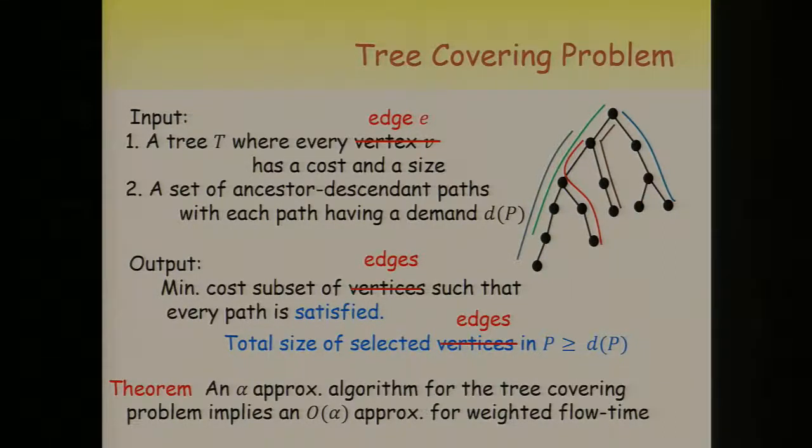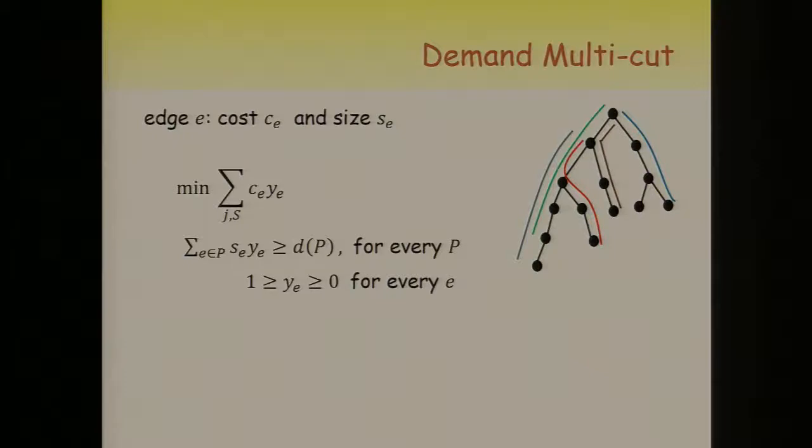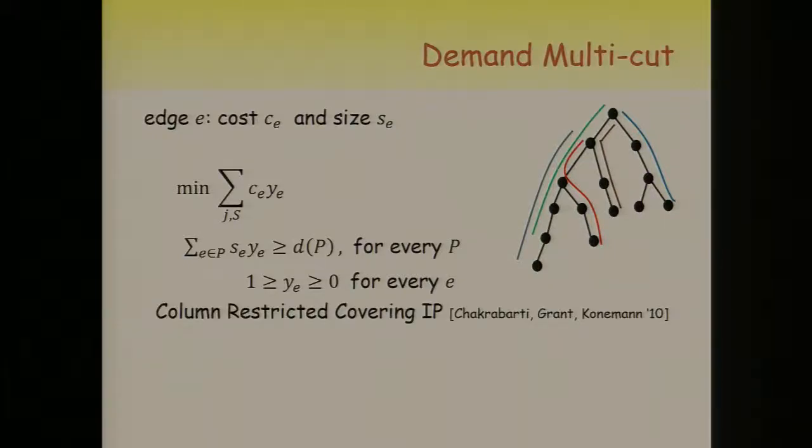So this is the first part of the work, which says that you can replace this scheduling problem by a tree covering problem. When all the quantities are 1, when the demand is 1 and the sizes are 1, this is also called the multi-cut problem on trees. It's well studied, and we call this the demand multi-cut problem.